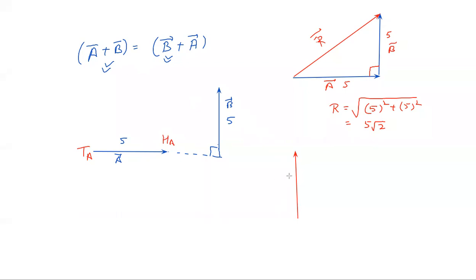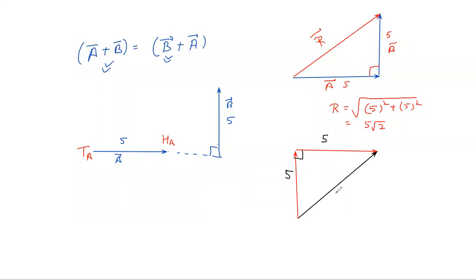So what is the direction of vector A? Vector A is in this direction. Now draw the resultant direction, that is, tail of B to the head of A. So this is 5, this is also 5.